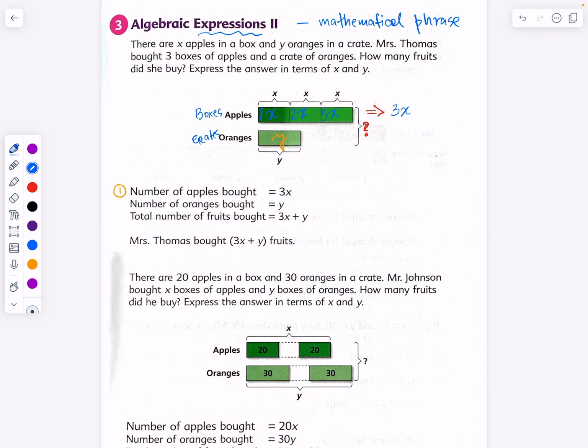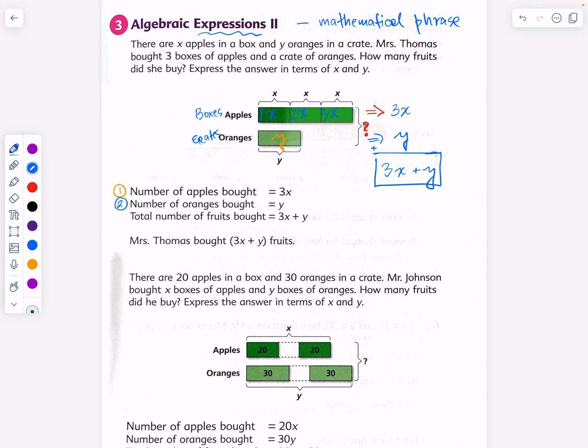In a single crate, we have Y oranges, 1Y. Except in mathematics, we don't say 1Y because it's redundant, we just say Y. So that was step number 2. Total number of fruits: we add them up, it is 3X plus Y. That is our expression, that mathematical phrase that does not have to contain an equal sign.